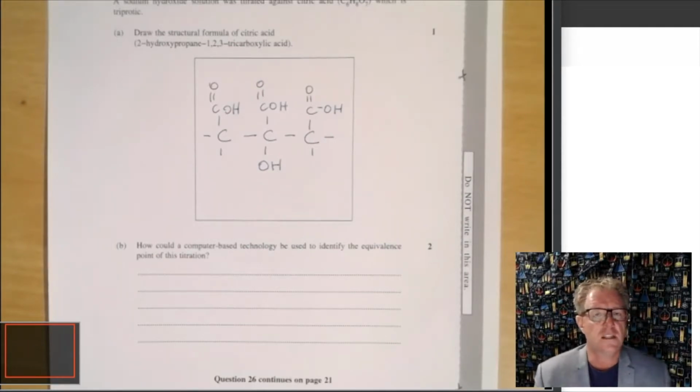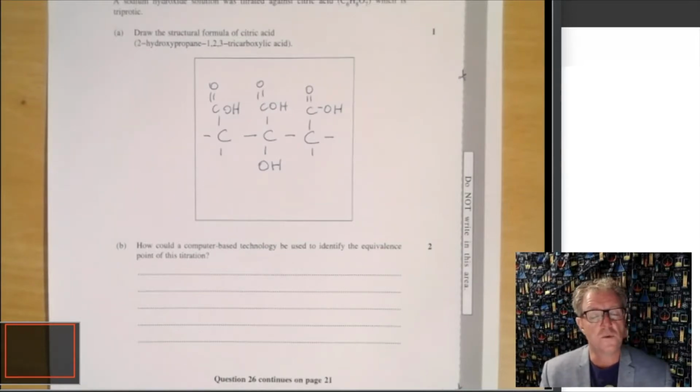So if you're taking the simple titration example of HCl and sodium hydroxide, there's 1 mole of each of those in there. So the equivalence point is when you have 1 mole of HCl and 1 mole of sodium hydroxide. In this case here, it's citric acid, and so we're going to be having a 1 to 3 ratio. So the equivalence point is just that point in the titration where the concentrations of the reactants are the same as what you would see in the balanced chemical equation.